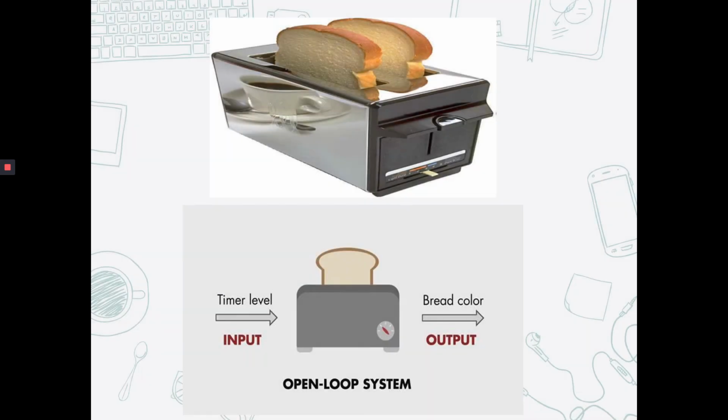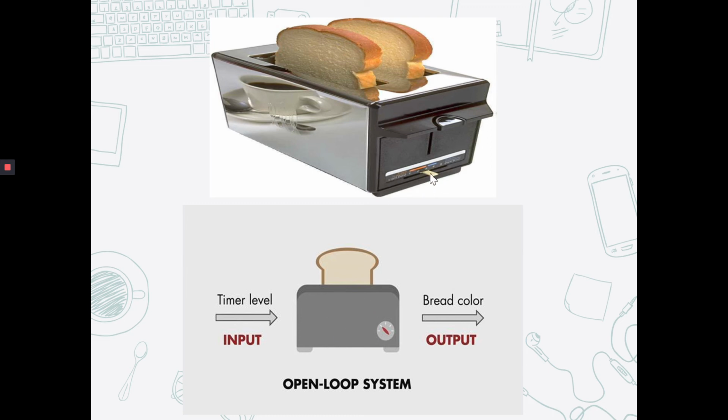For example, toasters are open loop systems, as anyone with burnt toast can attest. The control variable output of a toaster is the color of the toast. The device is designed with the assumption that the toast will be darker the longer it is subjected to heat in the toaster.